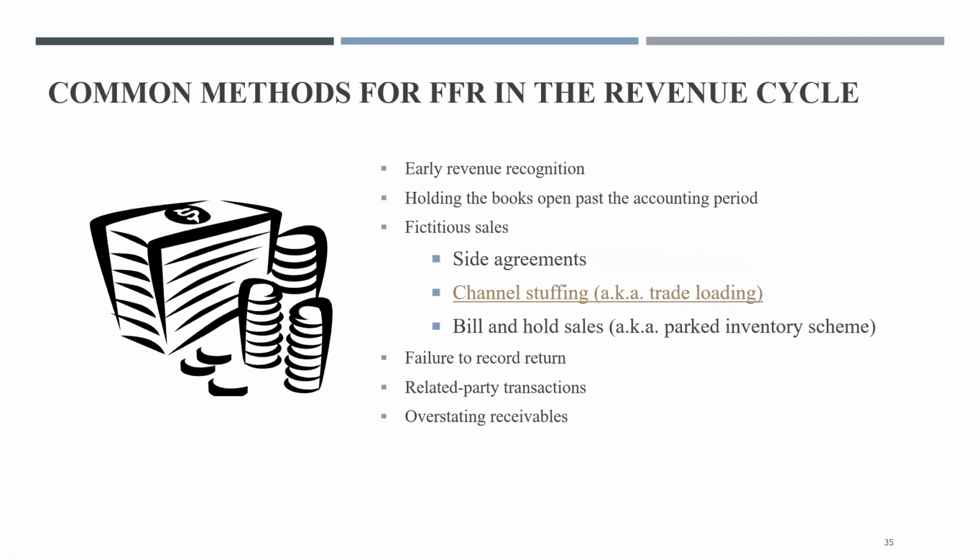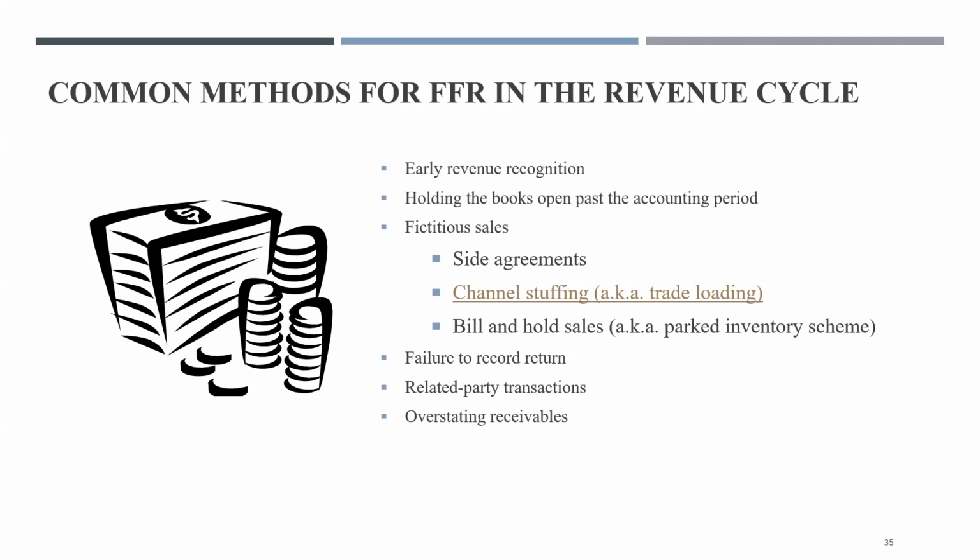Holding the books open past the accounting period, do you know what that is? By the year end, we need to close a book, right? But what if you don't close a book? For example, on July the 3rd, we have sales, but we didn't close the book, so we still record the sales into the 2020 year's sales journal.